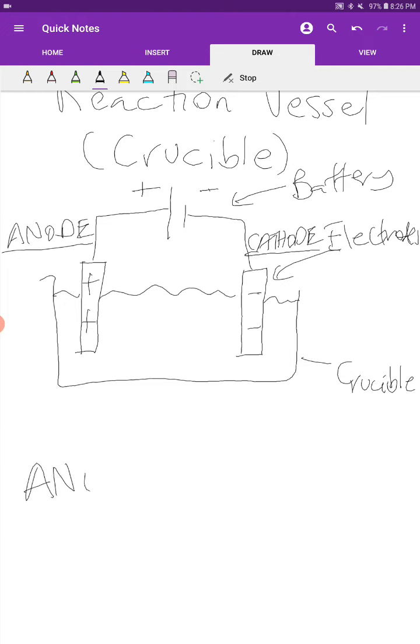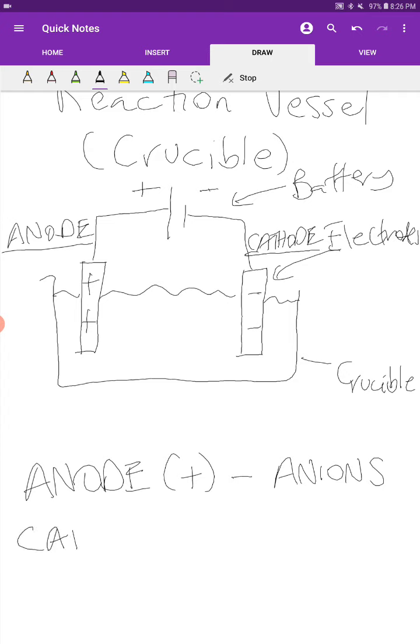The anode is positive because it attracts anions. So anions always move to the anode. What are anions again? Those are negative ions. So negatively charged ions or anions always move to the anode.